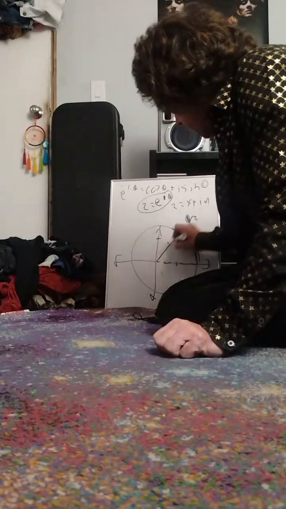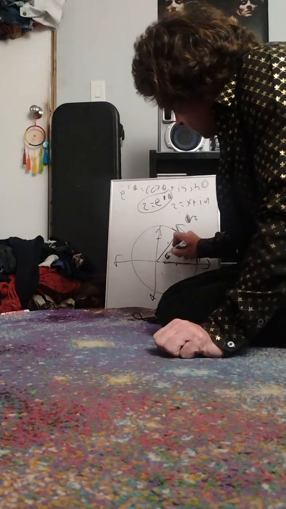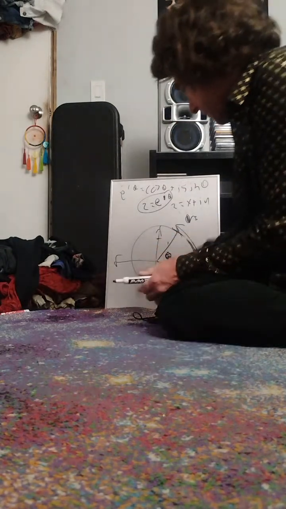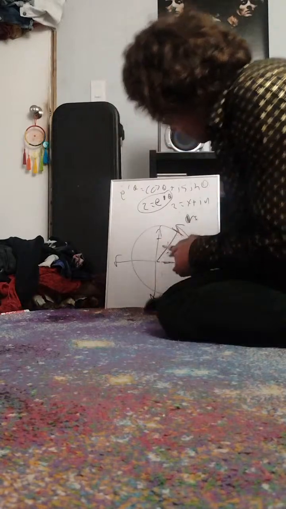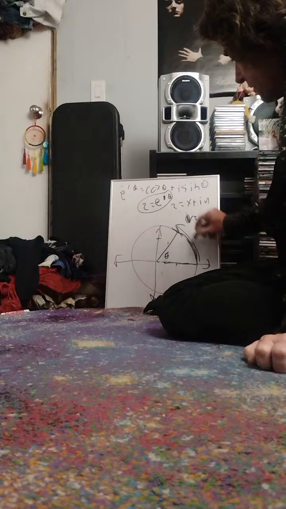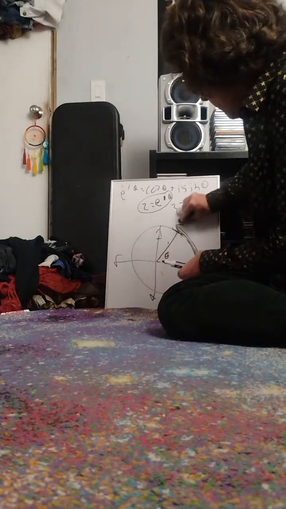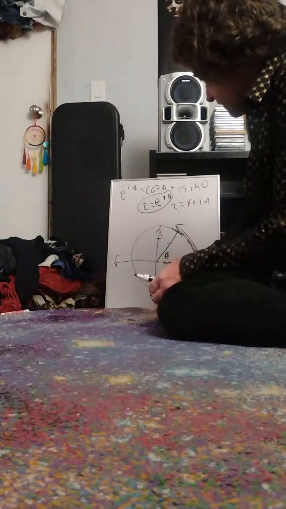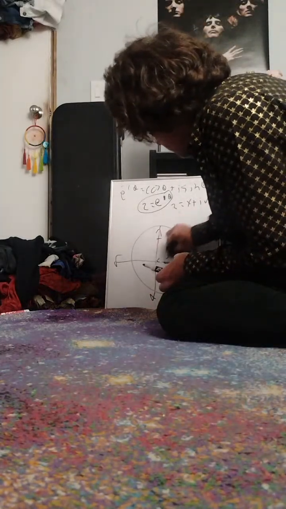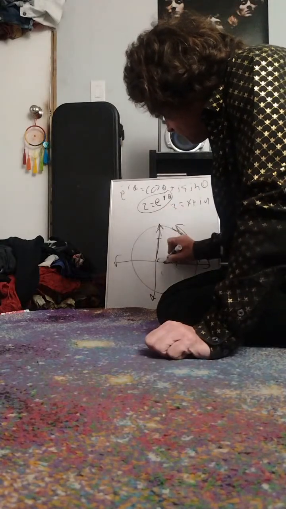If that's the angle theta, let me write that right. If this is theta, then however much this length is, that is how many radians theta is. So let's make theta, just for fun, 9 degrees.